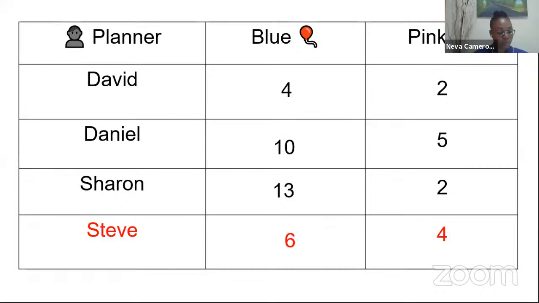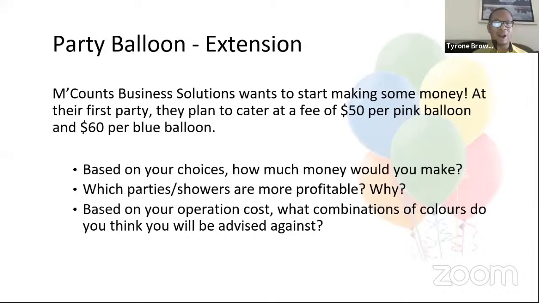Okay. So let's take the scenario one step further, because we want to know in terms of profit, money making time. So we are planning this party under the name M-Counts Business Solutions, and we are starting to make some money. We are charging $50 for the pink balloon and $60 for each blue balloon.